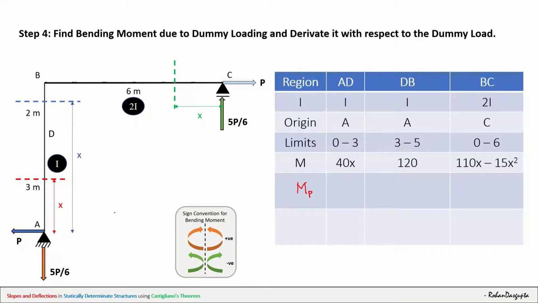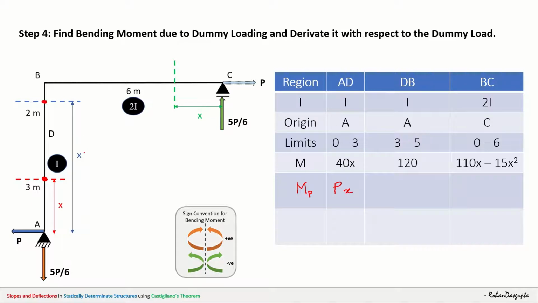Now look at this part, AD. So we are finding out the bending moment at this point. We have only one load P and this distance is X. So here I will have P into X. Now, if you look at DB, we are finding out the bending moment at this point.